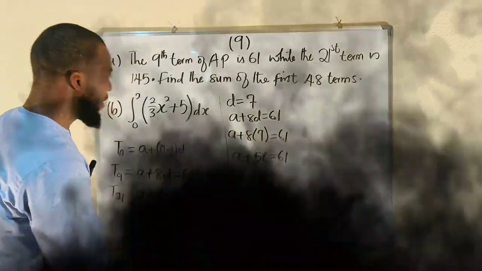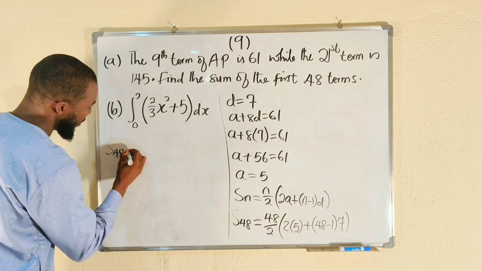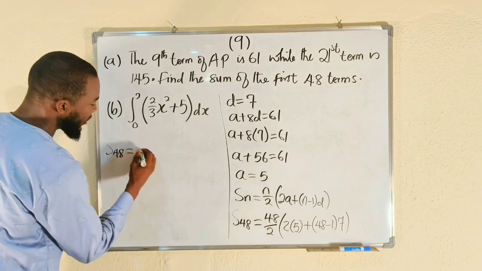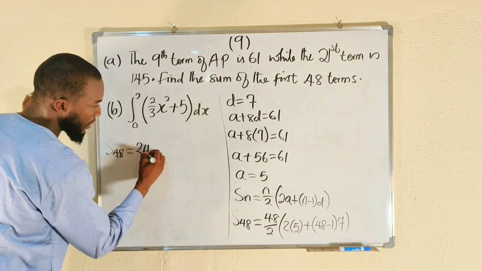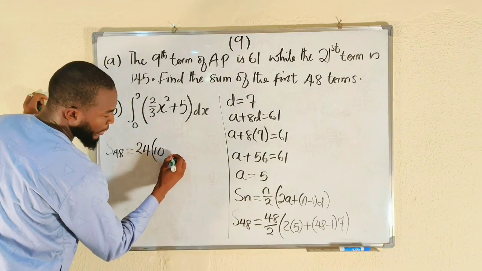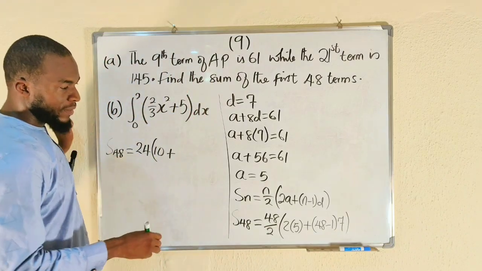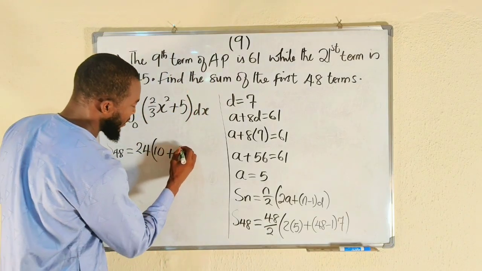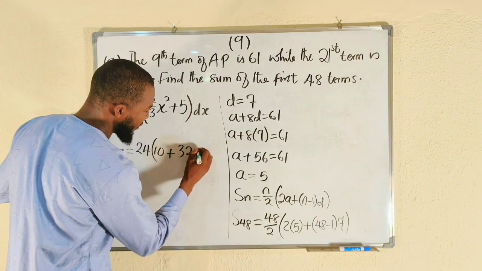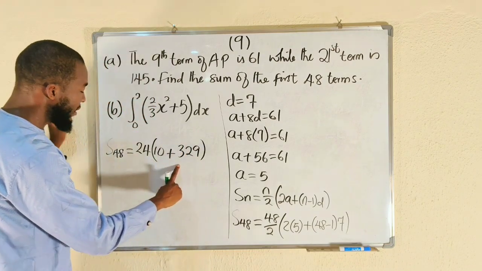S48 is equal to 48 divided by 2, which is 24, multiplied by 2 times 5, which is 10, plus 47 times 7, which is 329. Together we have 339.